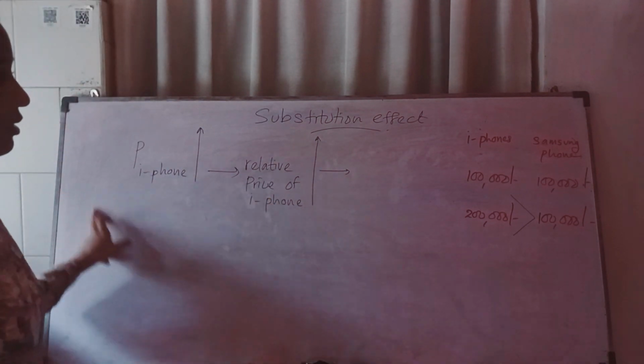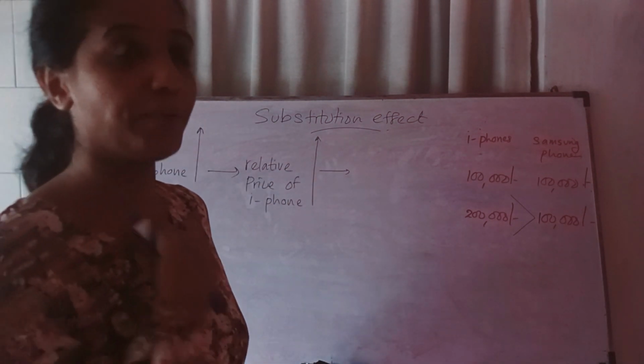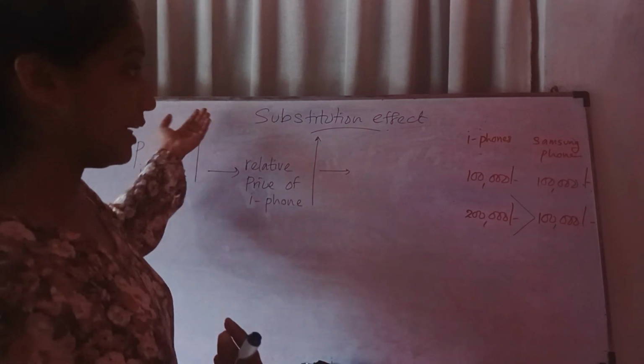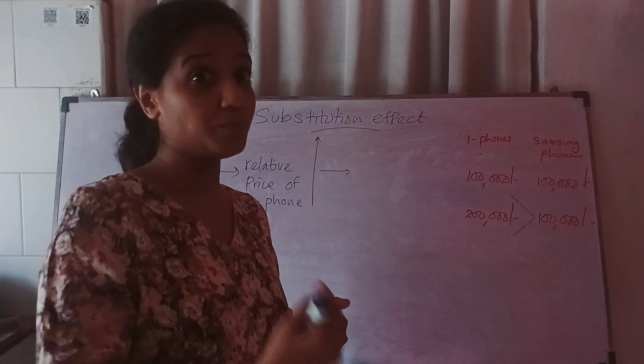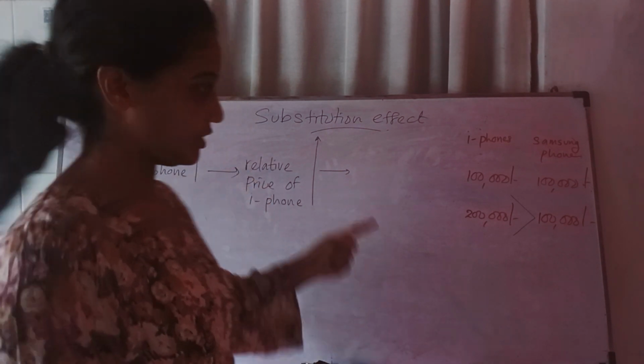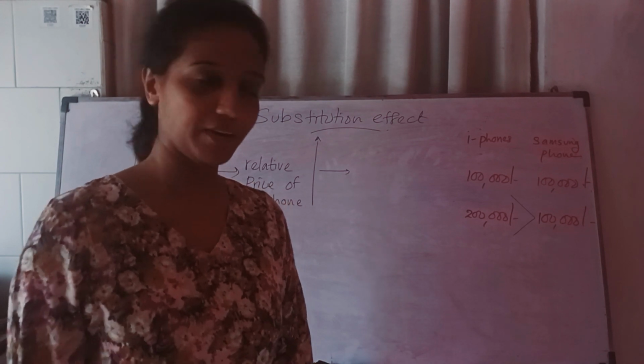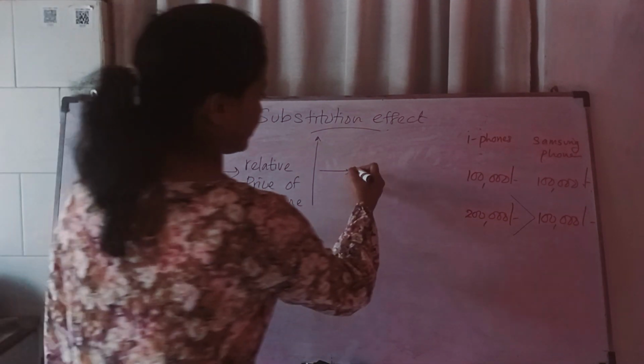So, when the price of the iPhone, our concerned good, increases, it becomes more expensive than the price of the substitute good, which means the relative price also increases, right? Therefore, people shift.